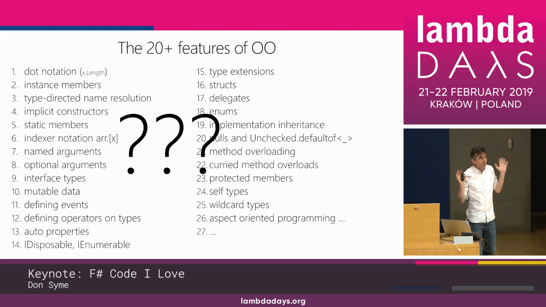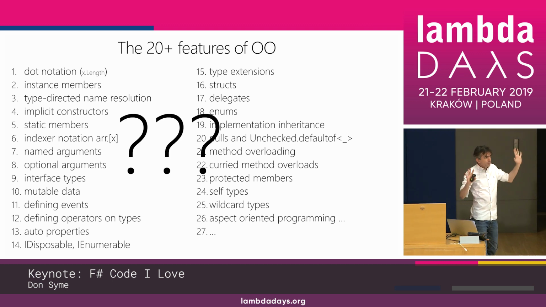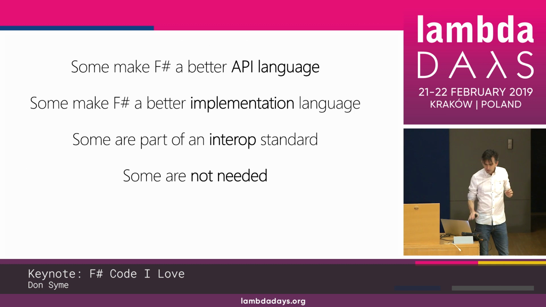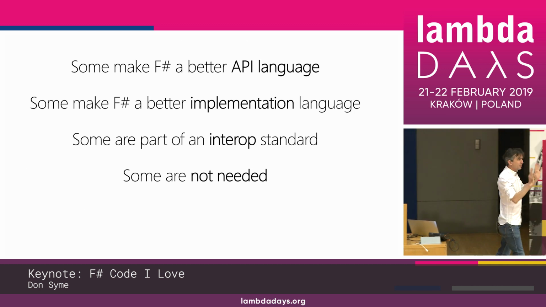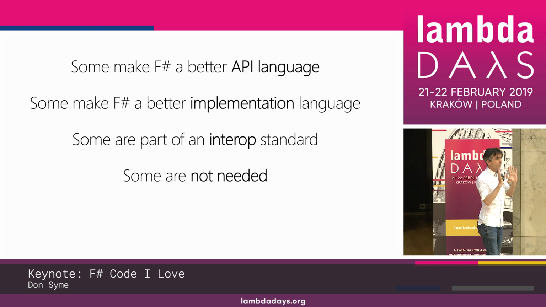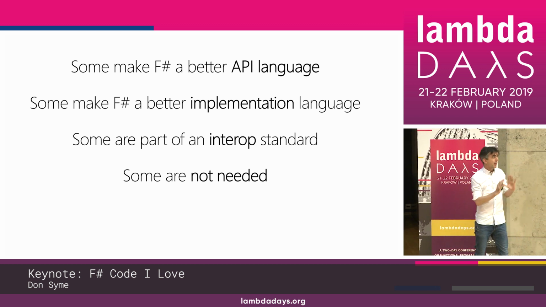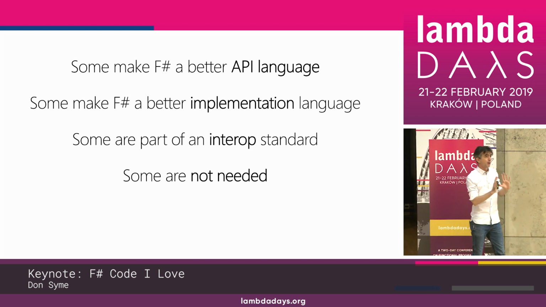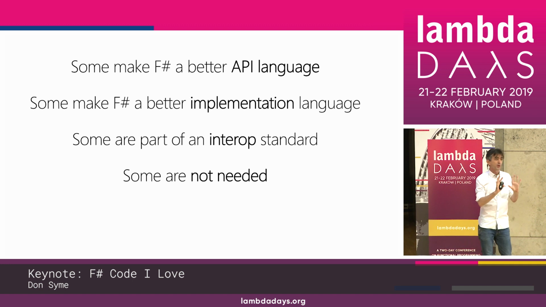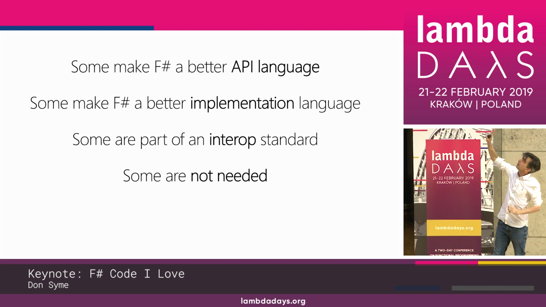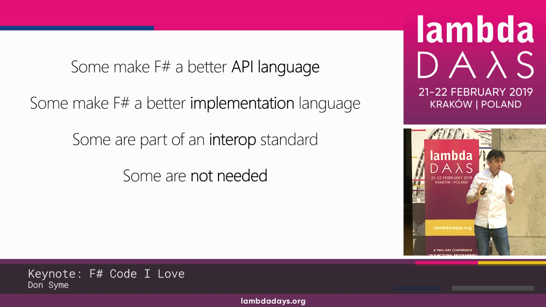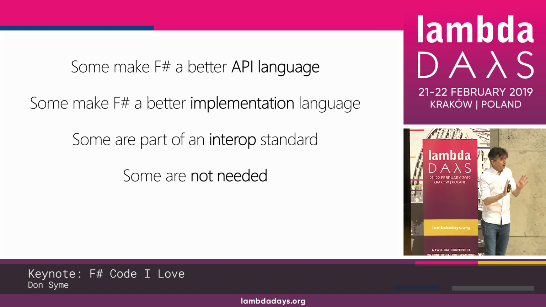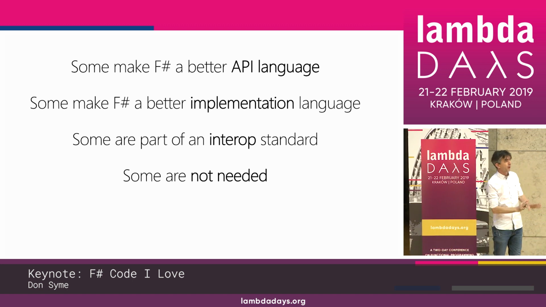And the thing is, what do you do with this big soup of features? Because some of them are genuinely useful, okay? Object APIs, .NET APIs are very well designed, and they use the elements of object programming very tastefully. So some of these things would actually make F# a better API language, genuinely, in and of itself, independent of .NET.